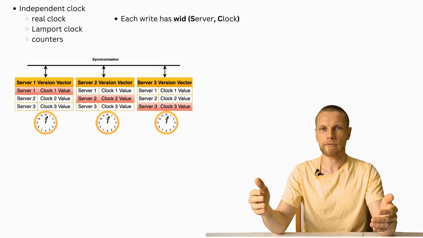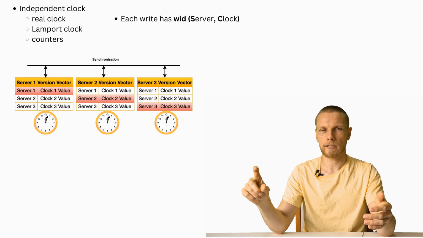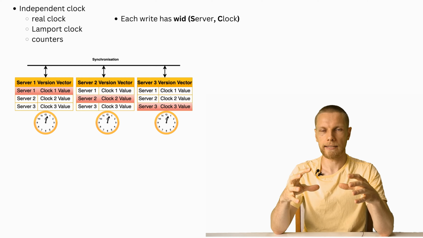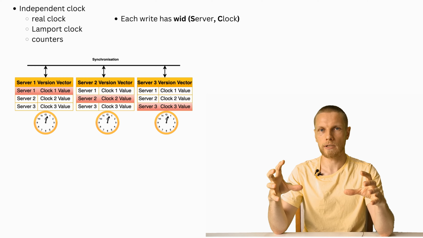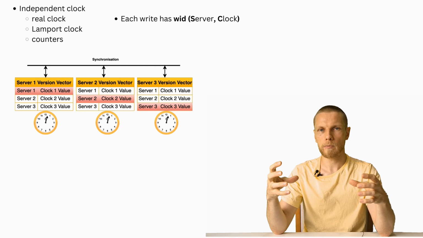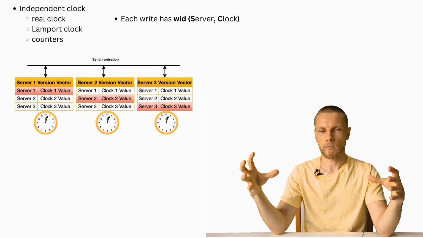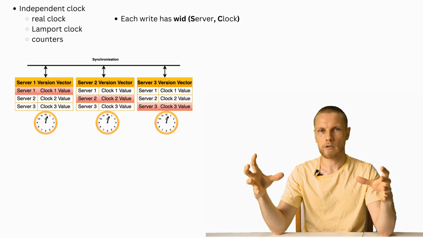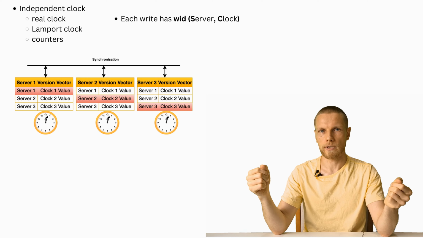Each server will have a vector containing values of the clocks of each other server, and in this vector it will be responsible directly only for one value corresponding to its own clock. When replication will happen between servers, together with the replication of the data, those version vectors also will be synchronized between servers.